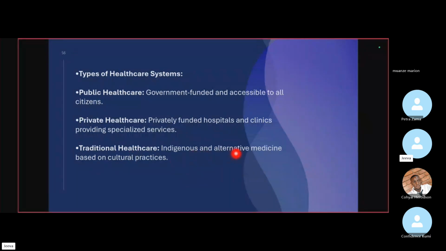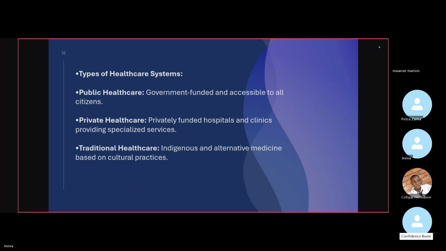It is indigenous and alternative medicine based on cultural practices and familial beliefs. Those who have rituals and beliefs go for traditional healthcare, like Ayurvedic and herbal treatments. So this is how a healthcare system is classified in a society: public, private, and traditional healthcare. Is it clear?